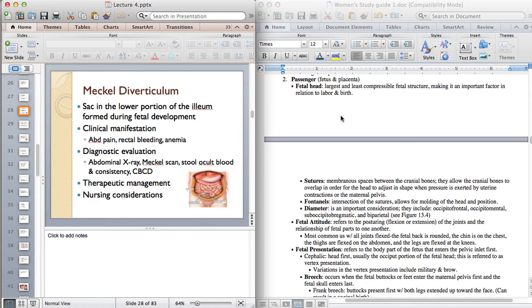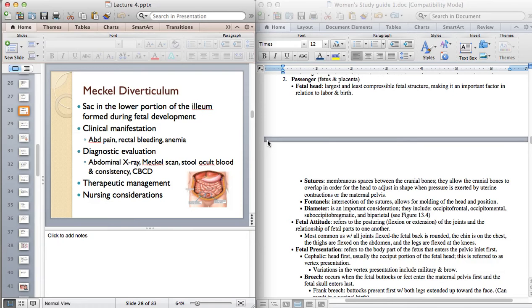Okay. So this is another condition that would resemble appendicitis, but it is an abnormal formation in the ileum, Meckel's diverticulum. The difference between this and appendicitis is that this will present with abdominal pain also, but will have rectal bleeding, and the patient can become anemic depending on how much blood is lost.